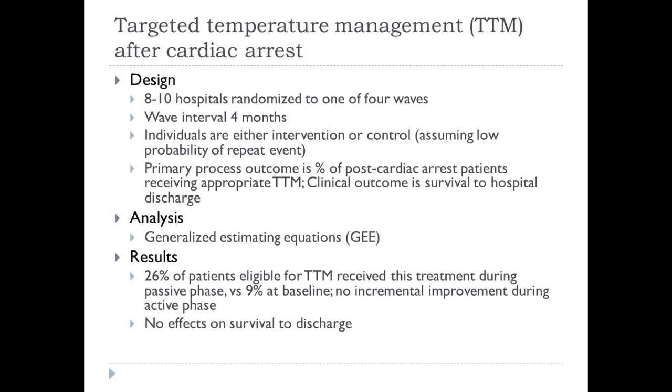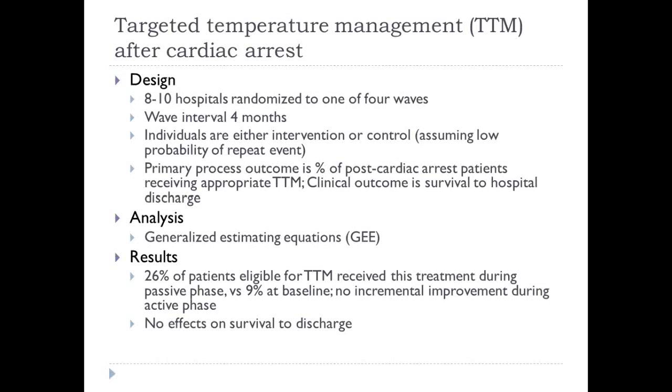And we assume, or at least hope, that there's a low probability of repeat cardiac arrest, and therefore people are only in the intervention at one point in time. The primary process outcome was percent of post-cardiac arrest patients receiving appropriate targeted temperature management, and the clinical outcome was survival to hospital discharge.